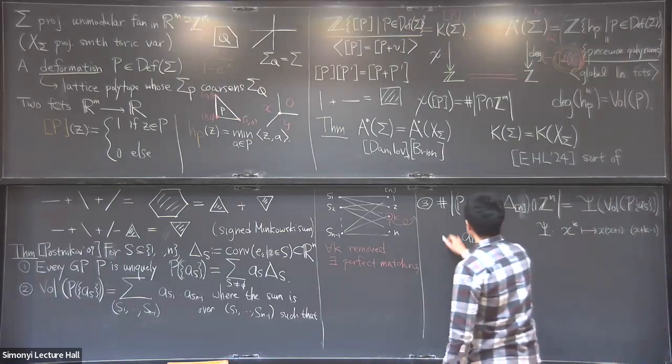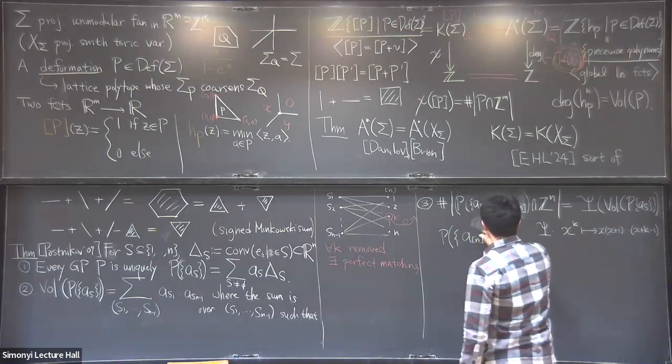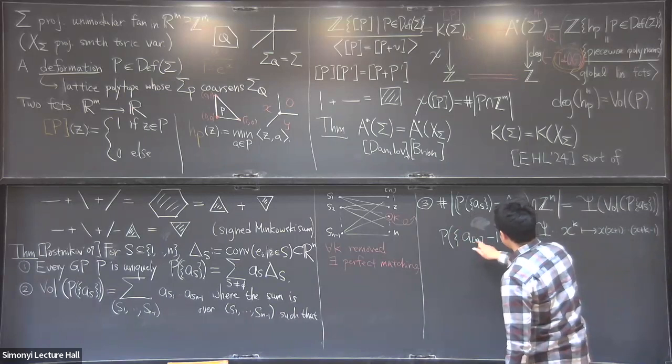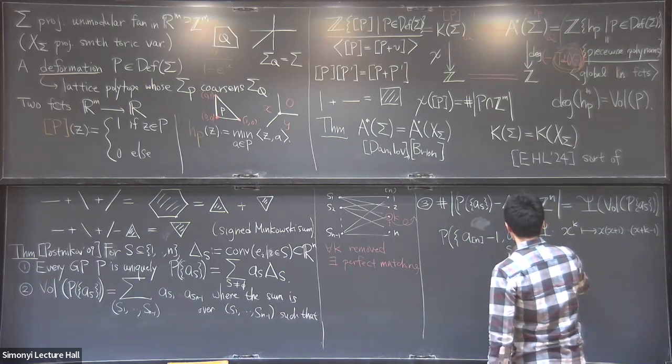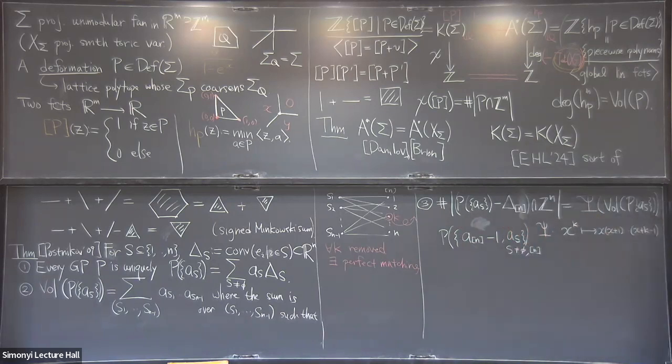So in P, for the first coefficient in the polynomial you use the variable minus 1, and for the other ones, A_S. And as polynomials, these two are equal.